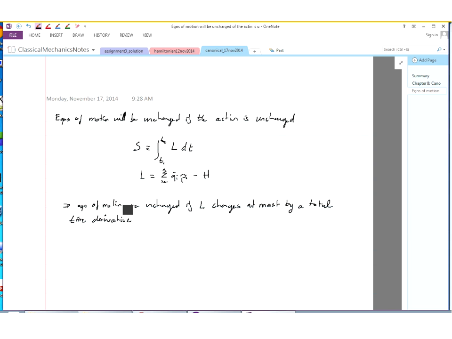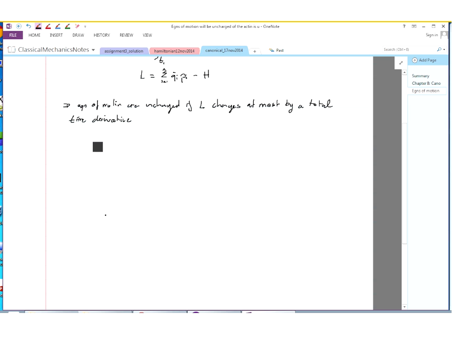Remember, you can add a total time derivative to the Lagrangian because the action is the integral of that. You're effectively just adding a constant to the action, and that doesn't change the equations of motion. Okay?